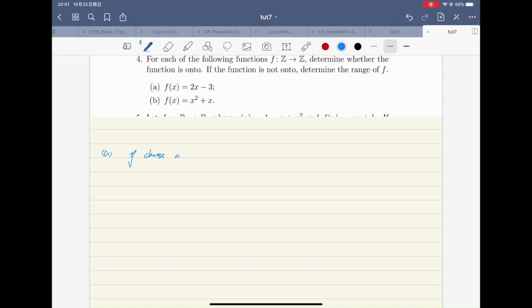Choose a y belonging to the integers such that y equals 2x minus 3, then we solve for x, because we want to find the associated value in the domain for the value y in the range. So we have to solve for x. We get x equals (y plus 3) divided by 2.